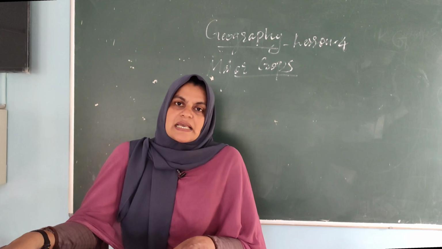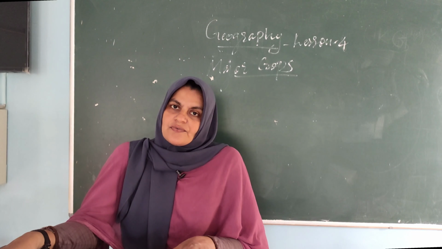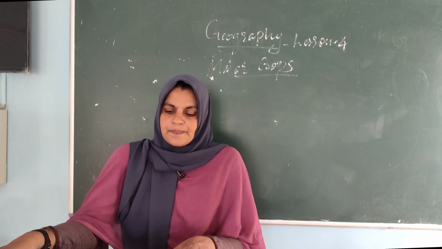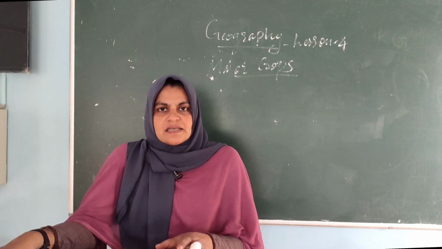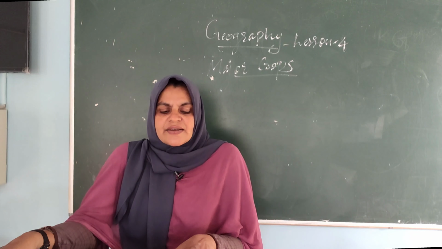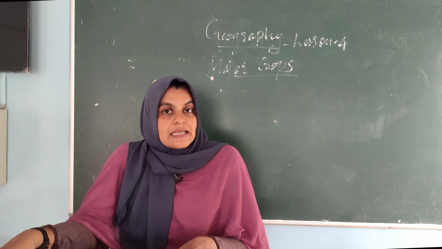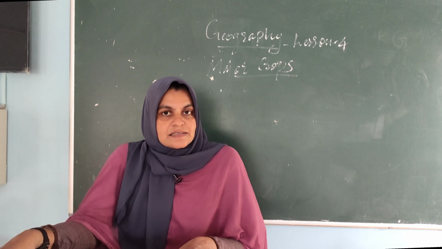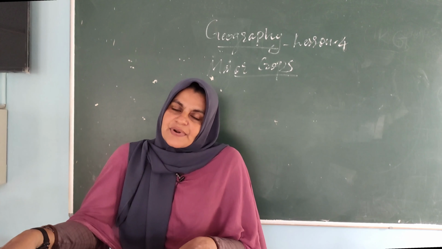So, we have to think how this variety of crops is possible. That is because of variations in soil, climate and cultivation practices. You got the answer? Why the variations in these crops in different areas?